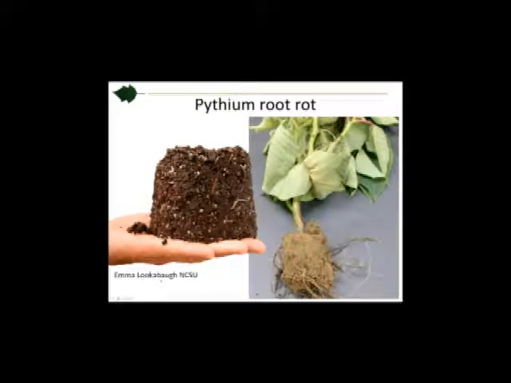Pythium species are typically soil-borne, and they spread via irrigation water, and we'll talk about that in a second. But they can also spread through the use of contaminated media, pots, and rooted cuttings. It really seems like Pythium has become very well adapted to poinsettias, because we see this being an issue in many greenhouses.